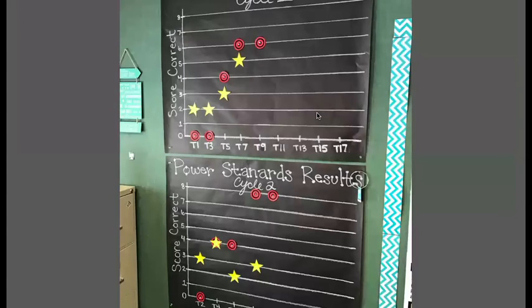I included this picture because I really liked how this teacher kept her students informed around where they're at and what goals they should be setting as a classroom. So the stars show where they're at as a classroom average. So by test 7, they were getting 5 out of 8 correct as a classroom.